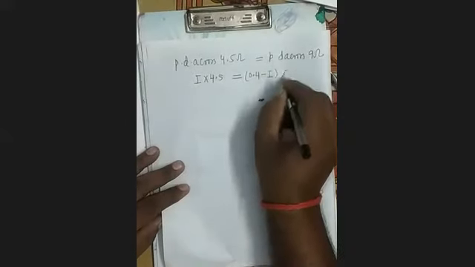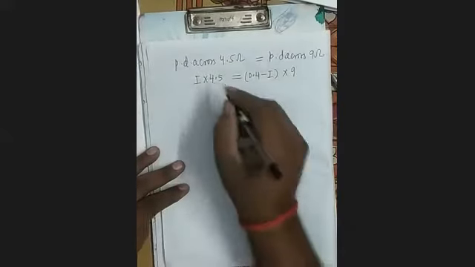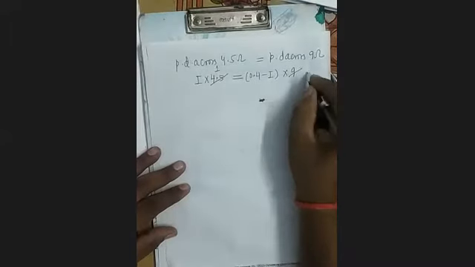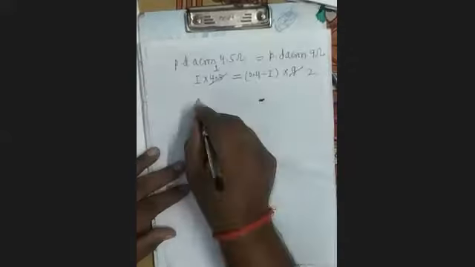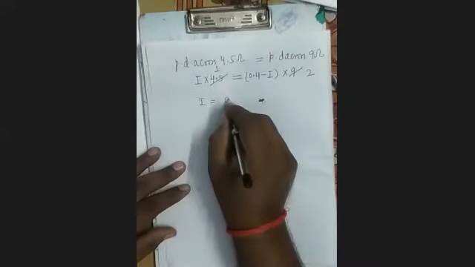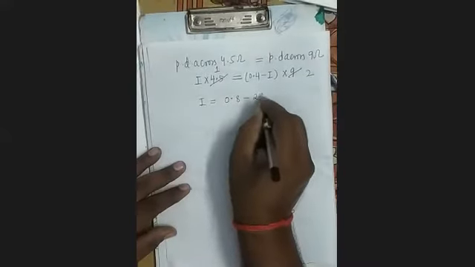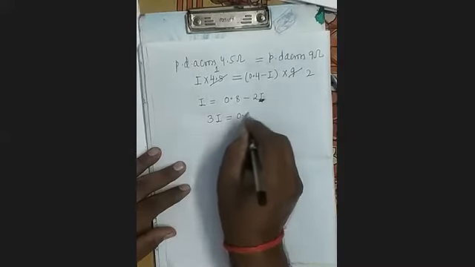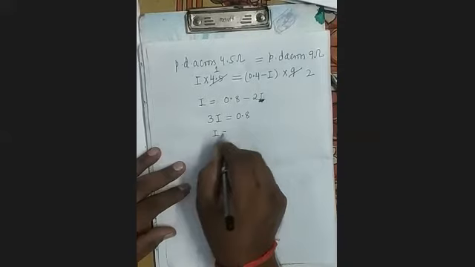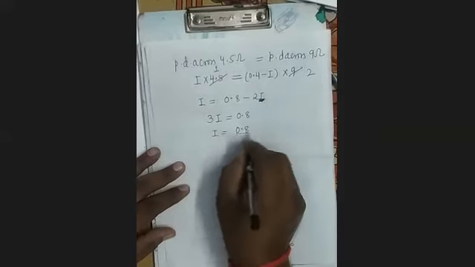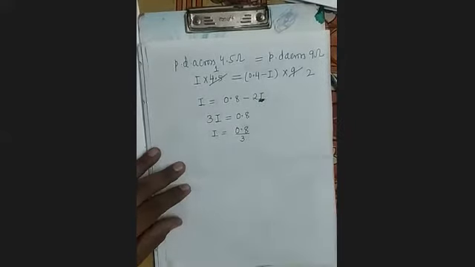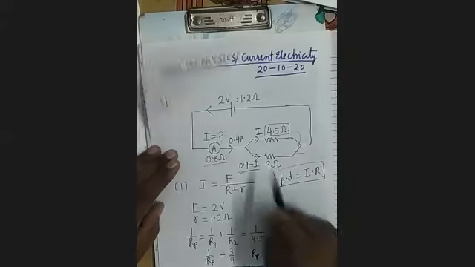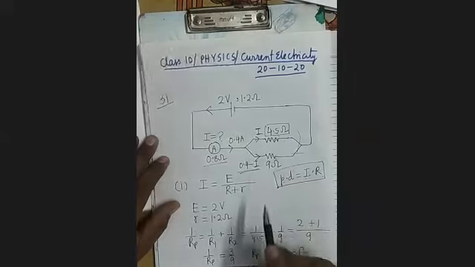minus I into 9. Now simplify: 4.5 1 ja this, 4.5 2 ja this. So I equals to, so what will be 3I? It is 0.8. So I equals 0.8 upon 3. So what will be the potential difference here?